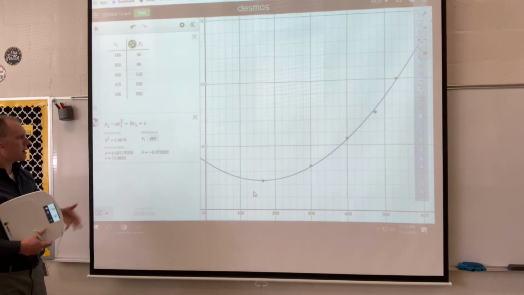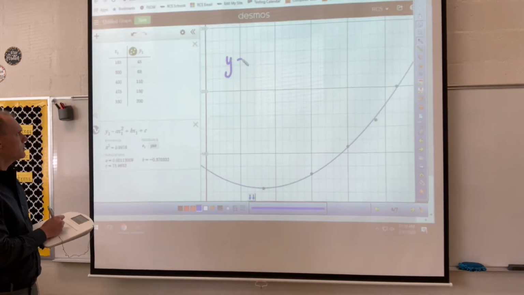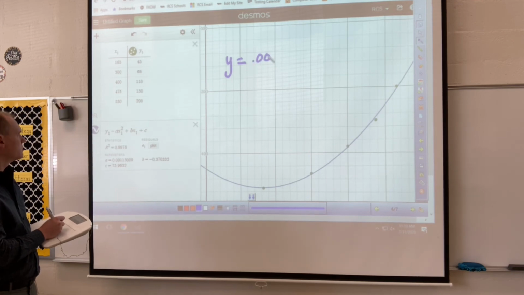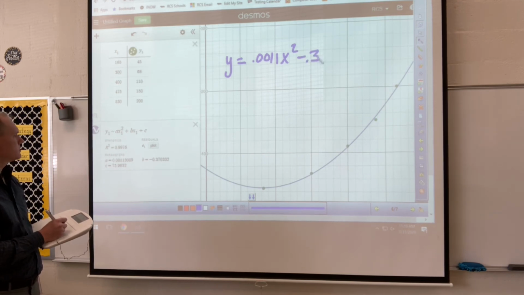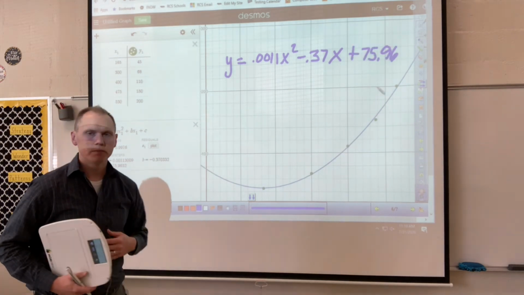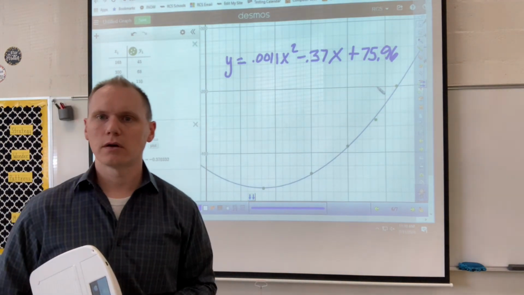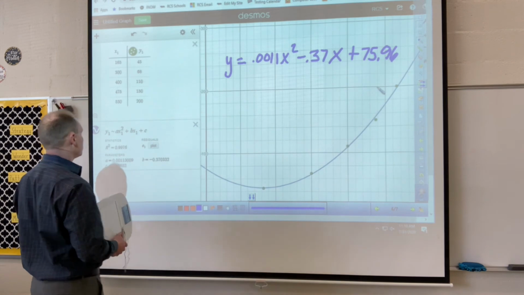So if I wanted to write my quadratic function, I would write y equals 0.0011 approximately, x squared, minus 0.37 approximately, x, plus 75.96 or so. So that's a good approximation, at least, of the quadratic of best fit.